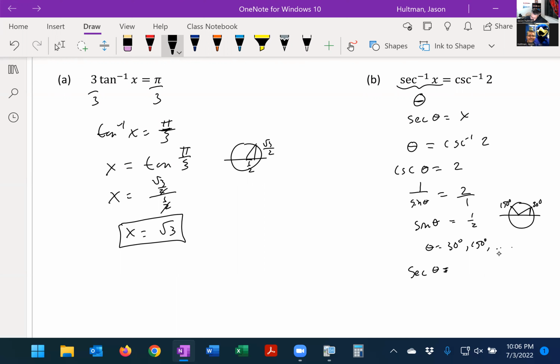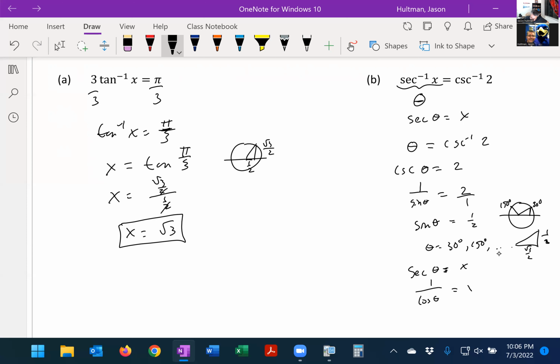Let's look at our triangle here. If we have 1/2 here, we're going to have radical 3 over 2 at 30 degrees. And so what's secant? Secant is 1 over cosine, right? So 1 over cosine theta is equal to x.